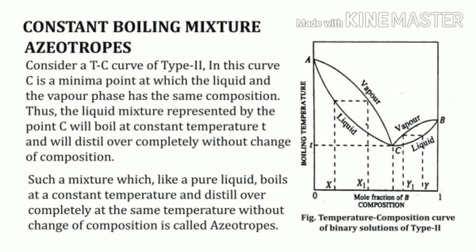Such a mixture, which is like a pure liquid, boils at a constant temperature and distills over completely at the same temperature without the change of its composition, is called an azeotrope or constant boiling mixture.